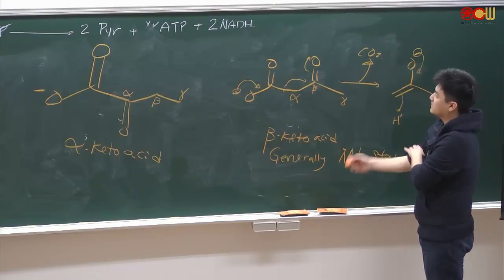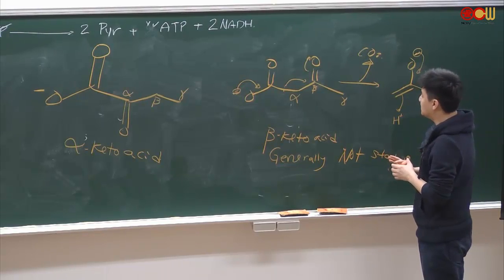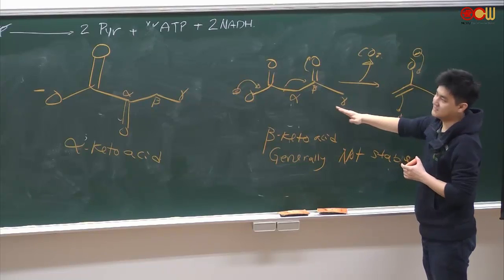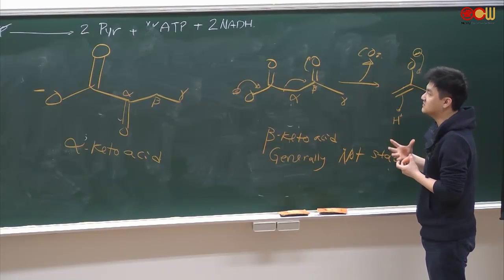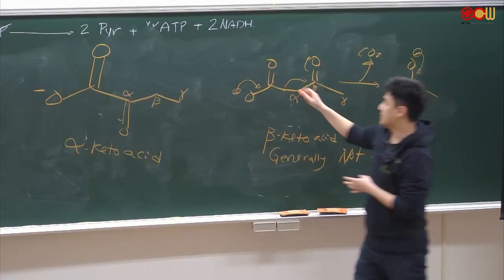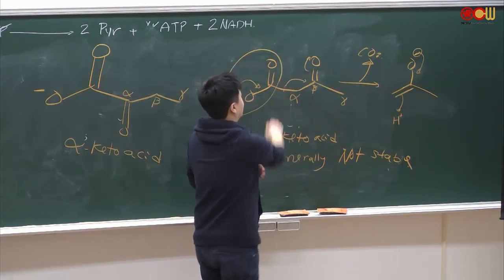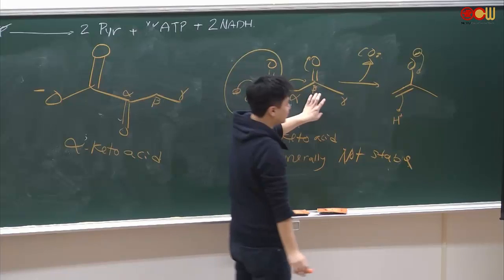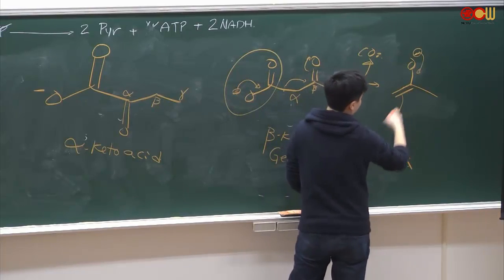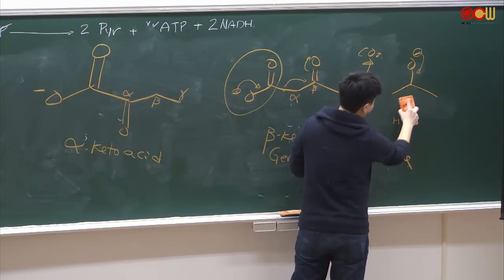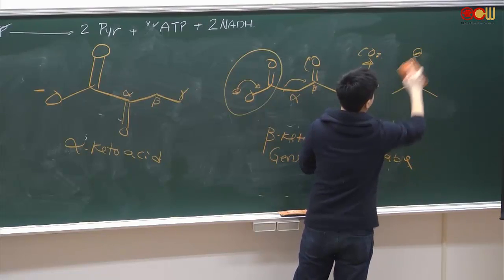So the reason why this is not very stable is because you have resonance here. You have a resonance structure where this thing can easily leave, and the immediate product has a resonance structure.